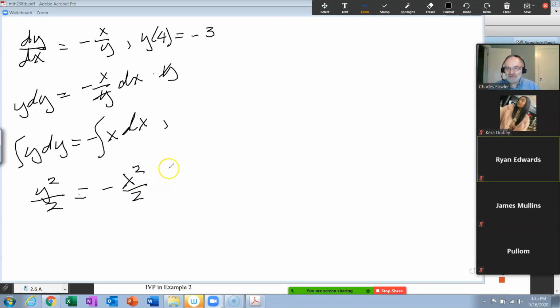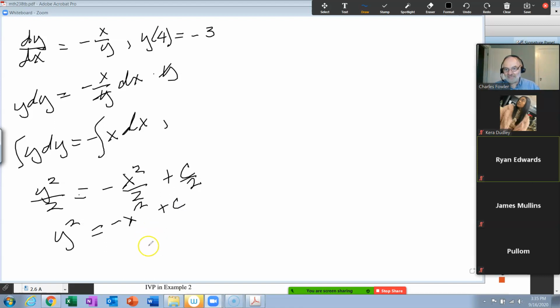Okay, but let's just call this plus c. There's no reason to do anything fancy with the constant here. Okay? Well, maybe there is. Let's make that c over 2, and then you can multiply everything on both sides by 2, and you have y squared is equal to minus x squared plus c.